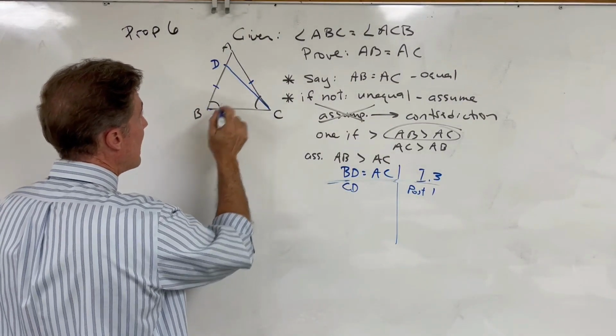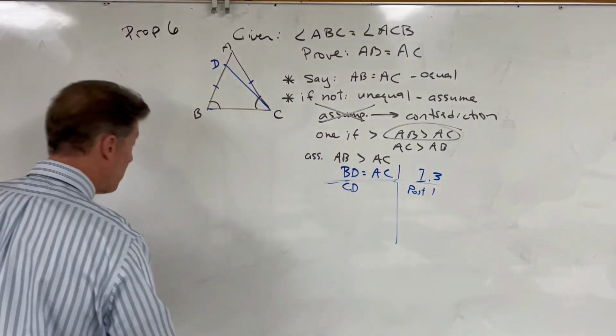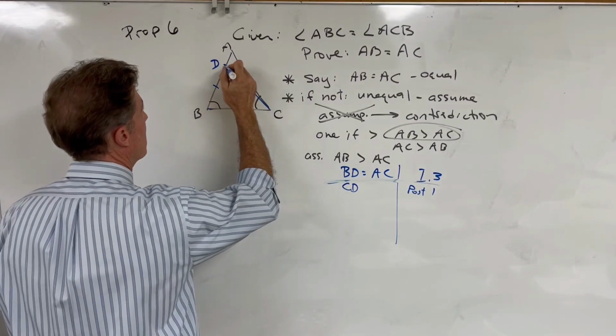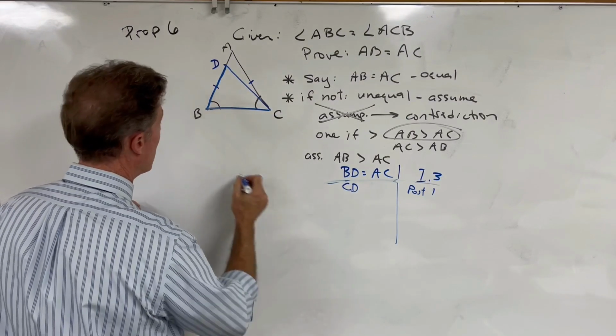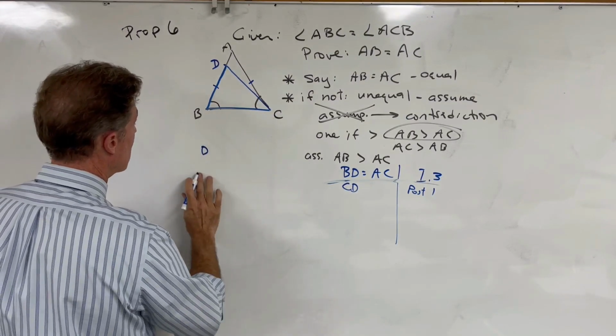Now let's look at these two triangles. I'm going to draw a blue triangle here. So we have triangle DBC.